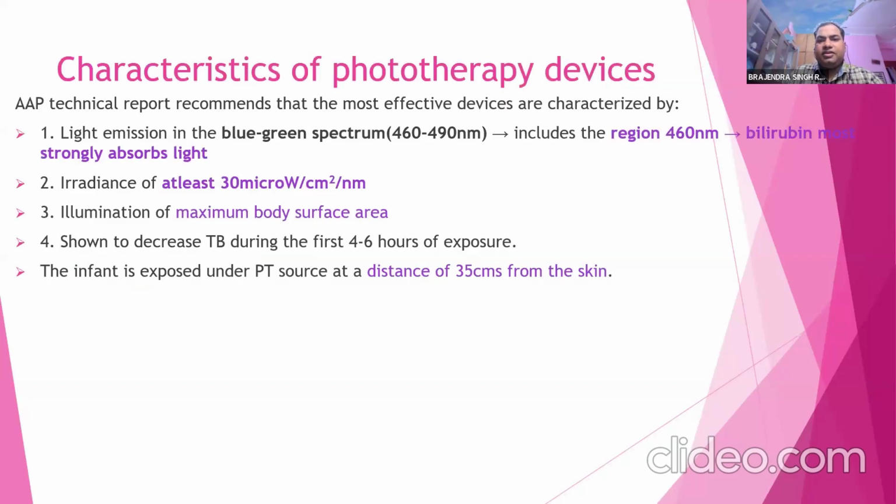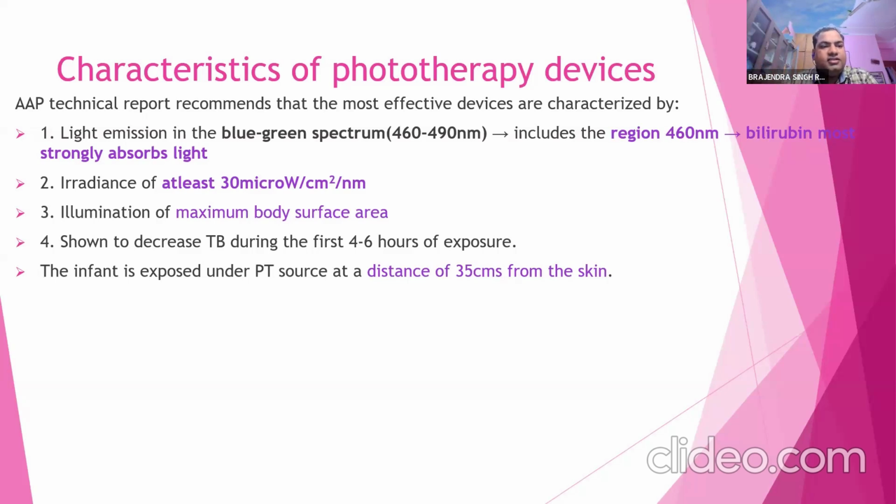Characteristics of phototherapy devices. This is important. Light emission in the blue-green spectrum is 460 to 490 nanometer. Narrow spectrum, and include the region 460 nanometer, where bilirubin most strongly absorbs the light. So in the wide range, if we go more specific, then 460 to 490, and even more specific it is 460. Okay.